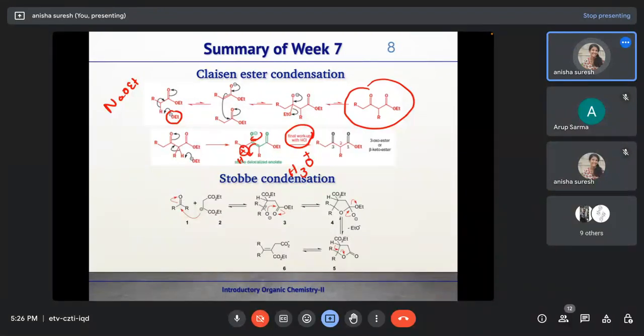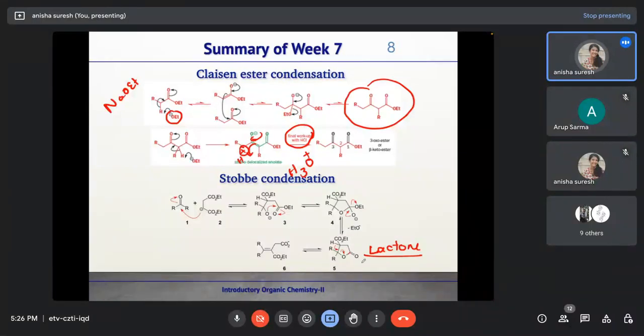Now this O minus of the tetrahedral intermediate can add onto the carbonyl carbon of this ester, because it leads to the formation of a 5-membered intermediate. So it will form this tetrahedral intermediate, and once this falls back, OEt, a better leaving group, will be removed, giving rise to this. This is known as a lactone.